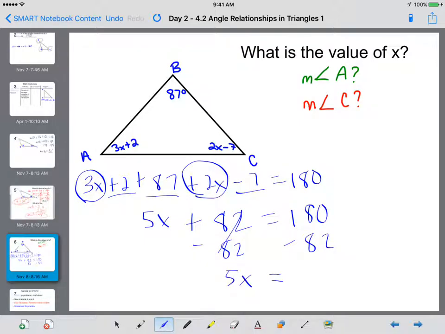We get 5x equals 98. And 98 divided by 5, that's not going to be very nice to us. That's going to give us an x value of 19.6.